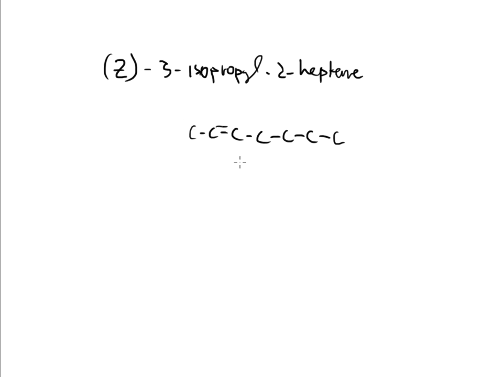On carbon number 3, I have an isopropyl group. So here is the carbon and a carbon and a carbon. There's my L, there's the isopropyl, right? And I've got the freedom to draw it that way. Not a big deal. But now I have to represent it as a Z form. All right, so down here at the bottom, I'm going to do carbon, double bond, carbon, and I'll draw the legs.